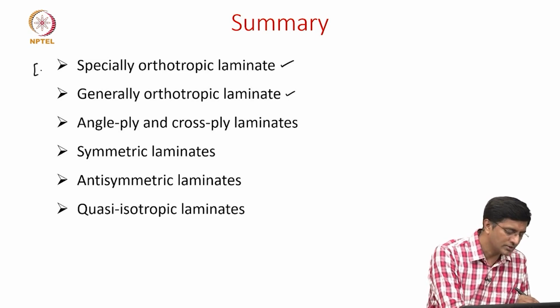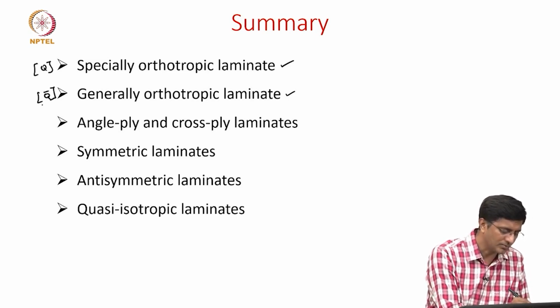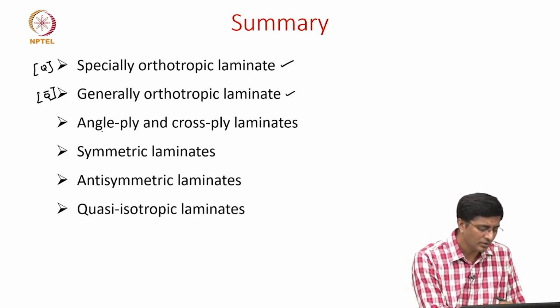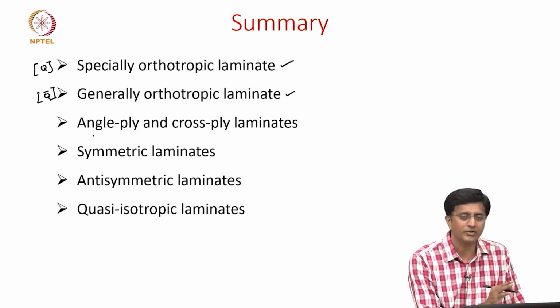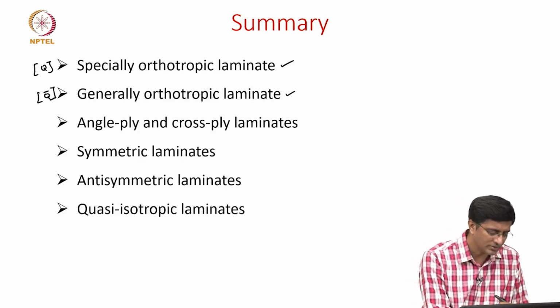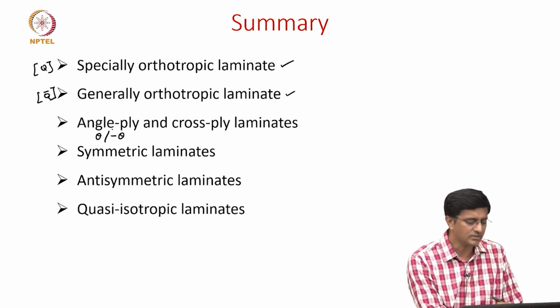The only difference is whether we use the stiffness matrix or the transformed stiffness matrix. In this video, we started by discussing what we meant by angle-ply. We said if they are made with the same material and same thickness, and the only difference is the angles are either theta or minus theta, then we call it angle-ply.